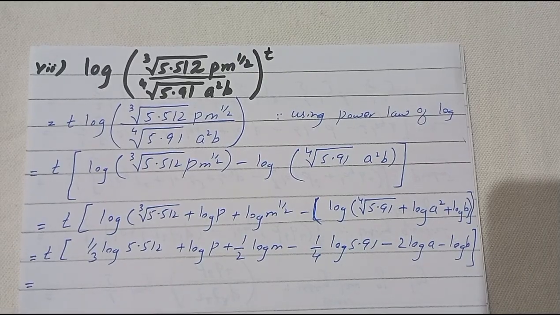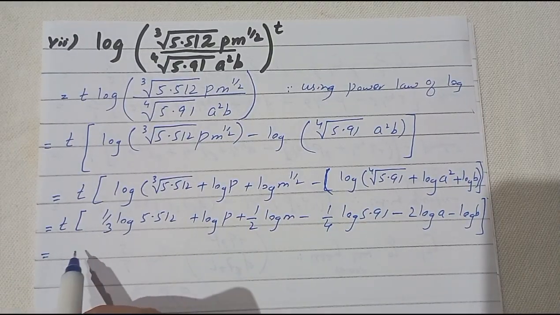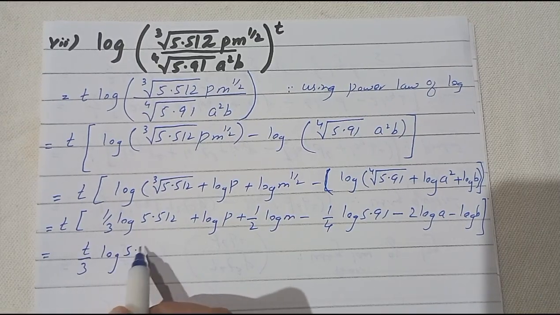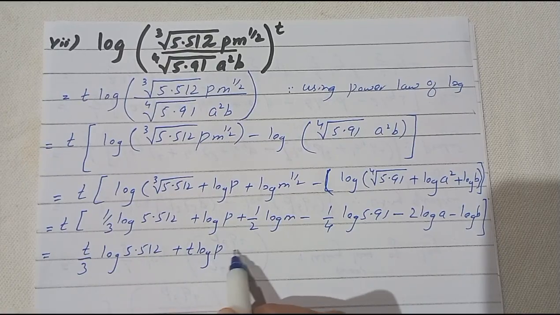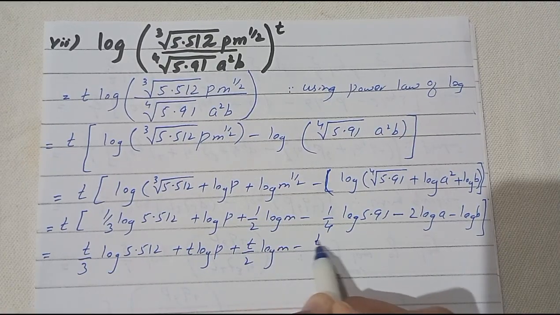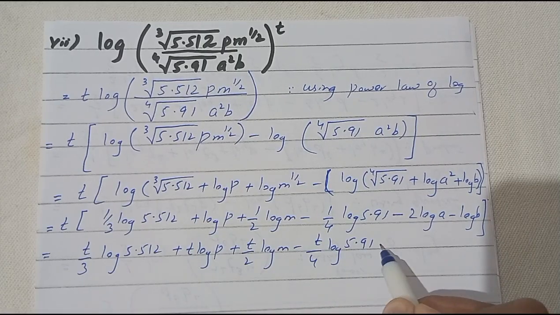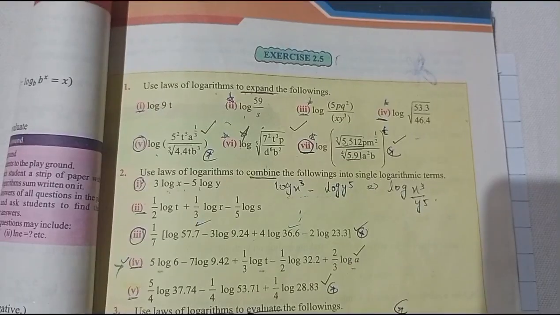So t is multiplied with each log term, so we multiply it separately, that is t by 3 log of 5.512 plus t log of p plus t by 2 log of m minus t by 4 log of 5.91 minus 2t log of a and minus t log of b, which is the final answer.